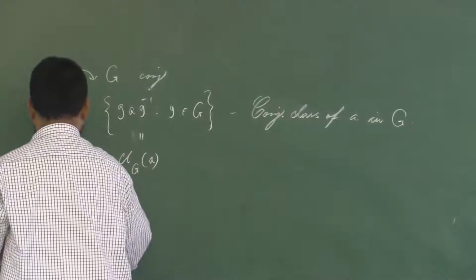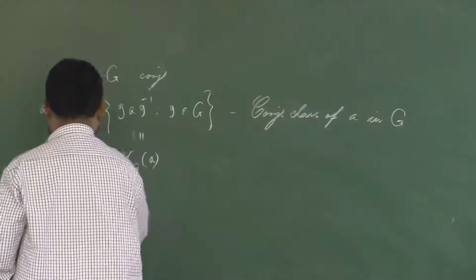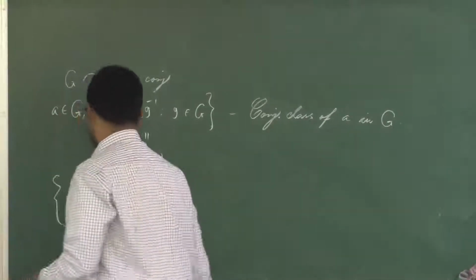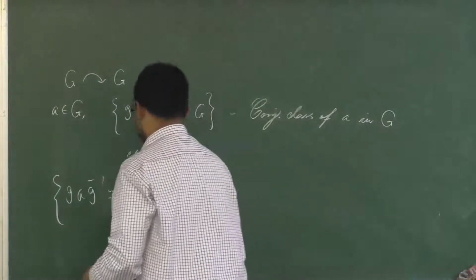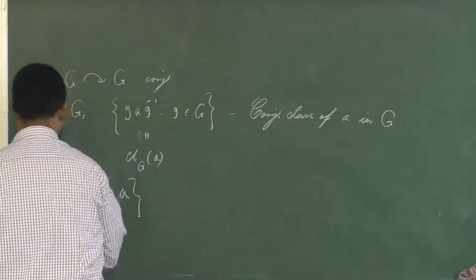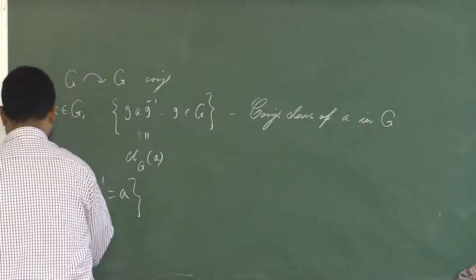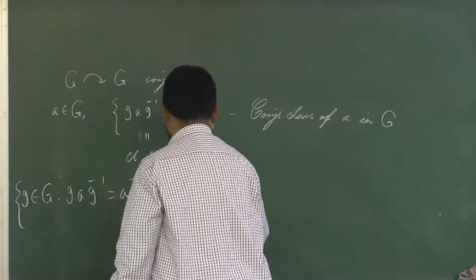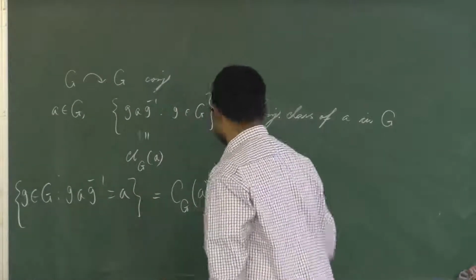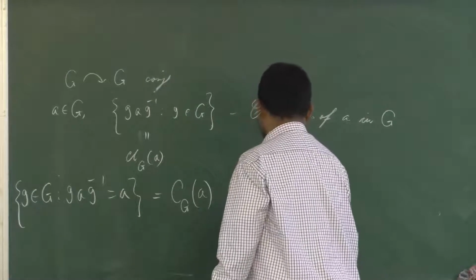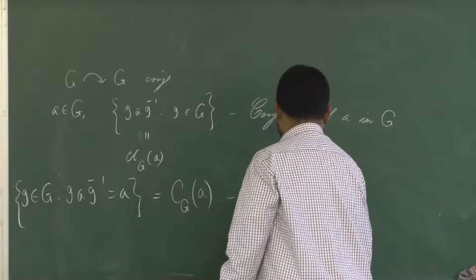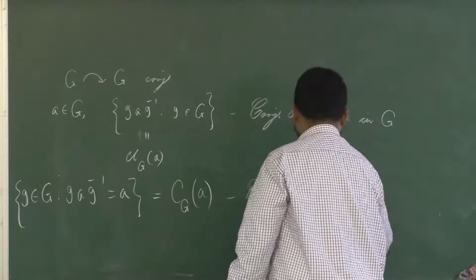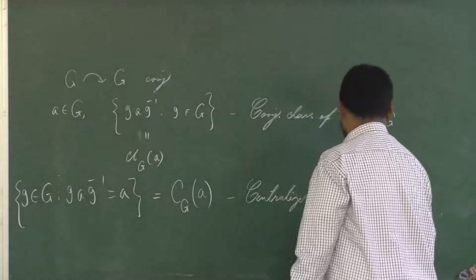The stabilizer consists of precisely all elements commuting with a. This has a name. This is called the centralizer of a in G.